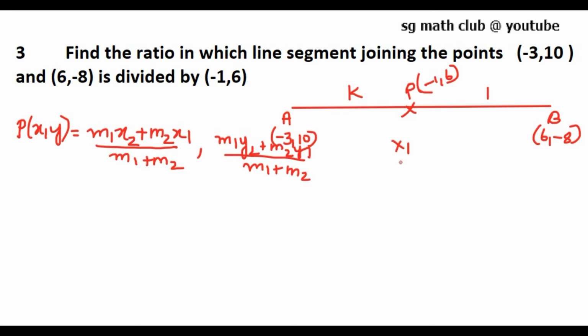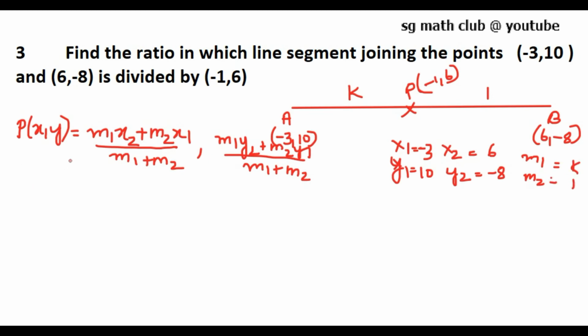As usual, we will write x1, y1, x2, y2 and m1 and m2. So x1, y1 is -3 and 10, x2, y2 is 6 and -8, and here m1 and m2 we have as k and 1.